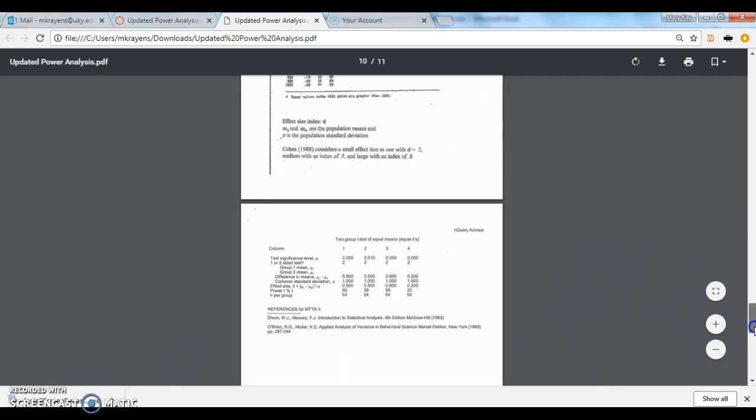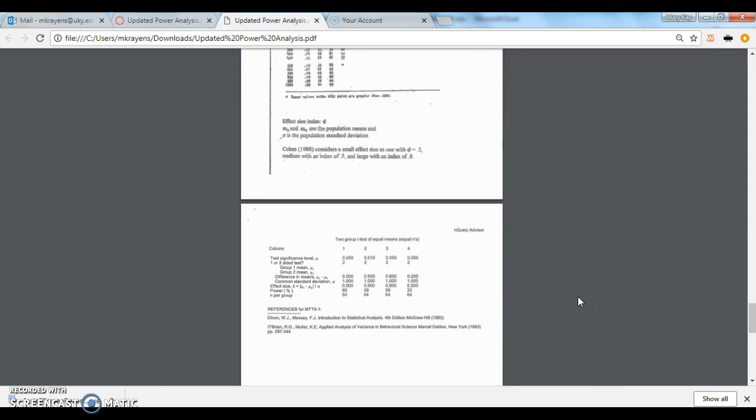But the last couple of pages I'm going to show you, this page here that says Enquiry Advisor, this is some software that I use. So I first showed you kind of the old school method of using the Cohen book. But when I do power analysis for students or student projects or whatever, I typically use the software that's called Enquiry Advisor.